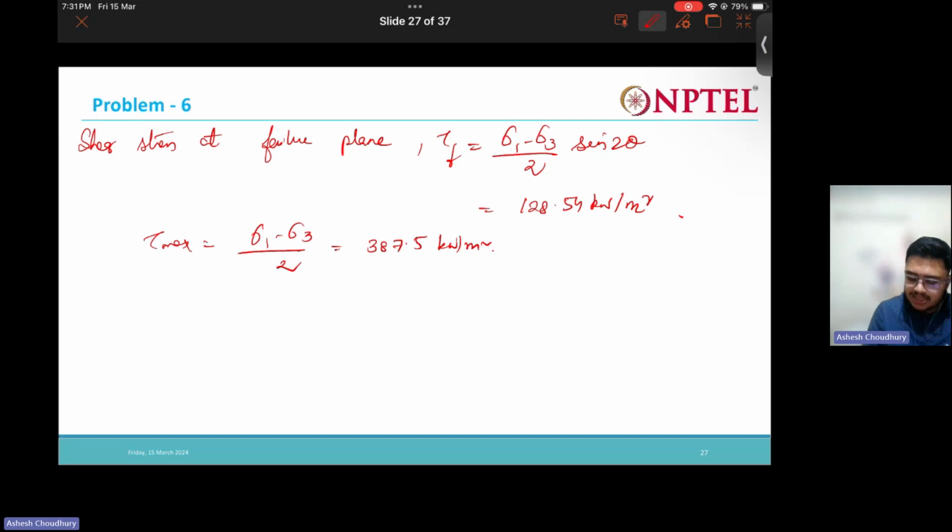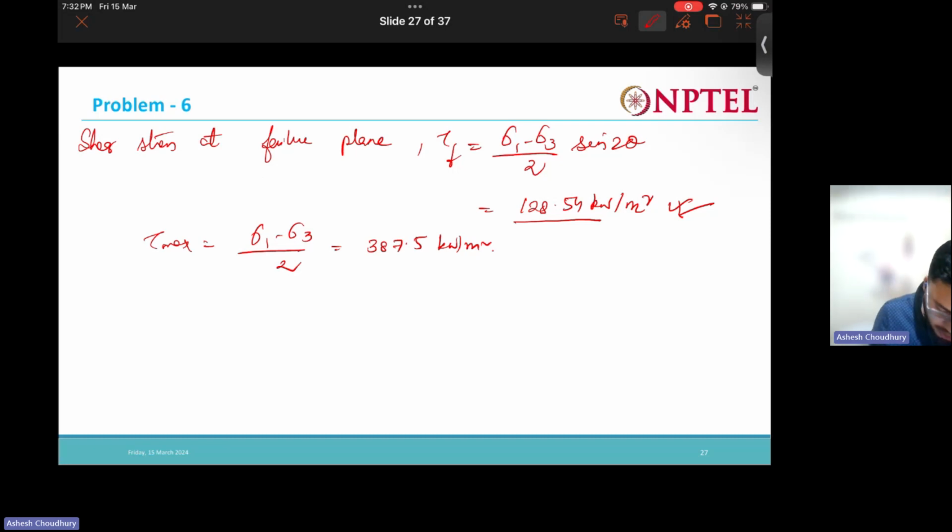At the failure plane the shear stress is 128.54. That means the soil sample fails at a plane where the shear stress is not maximum. Rather, it fails at a point where the normal stress and the shear stress attain a critical combination.